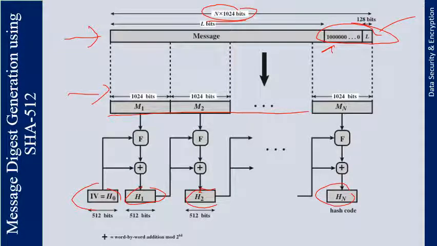Step 3 provides the initialization of the hash buffer. A 512-bit buffer is used to hold the intermediate and final results of the hash function.